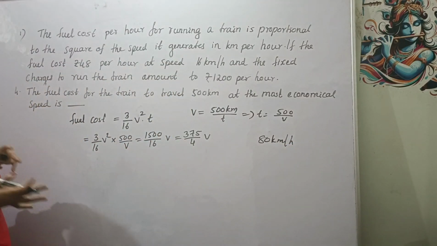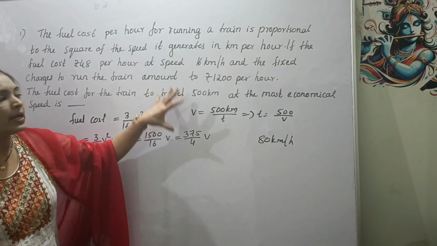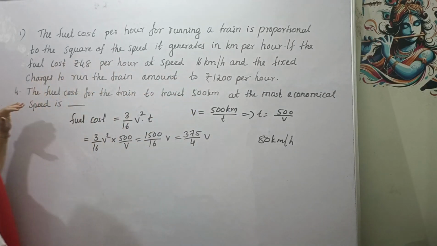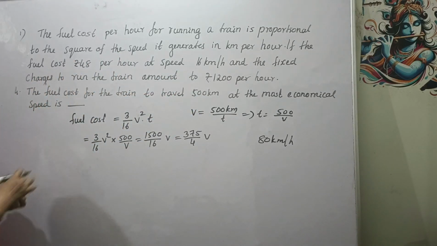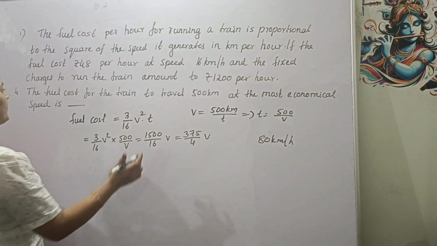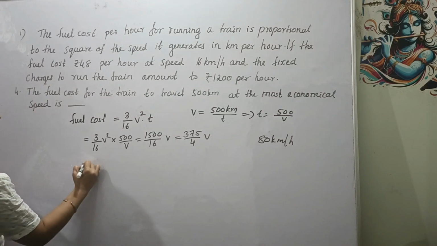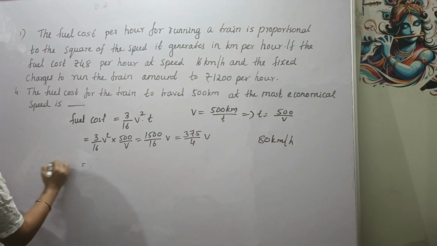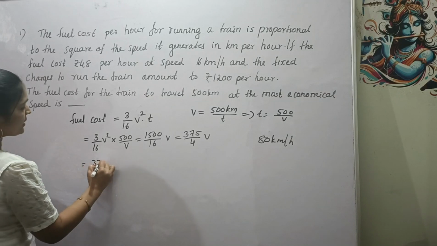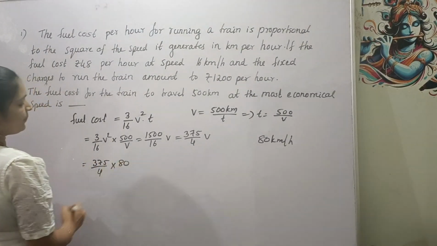Now, what is the fuel cost of the train to travel 500 kilometer at the most economical speed? So, substitute here V is equal to 80 kilometer per hour. That is, so here fuel cost is equal to 375 divided by 4 into 80.